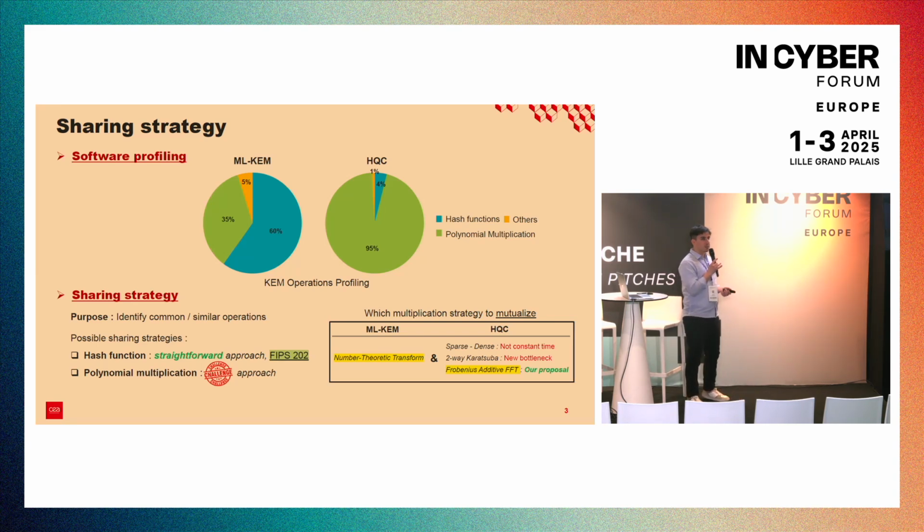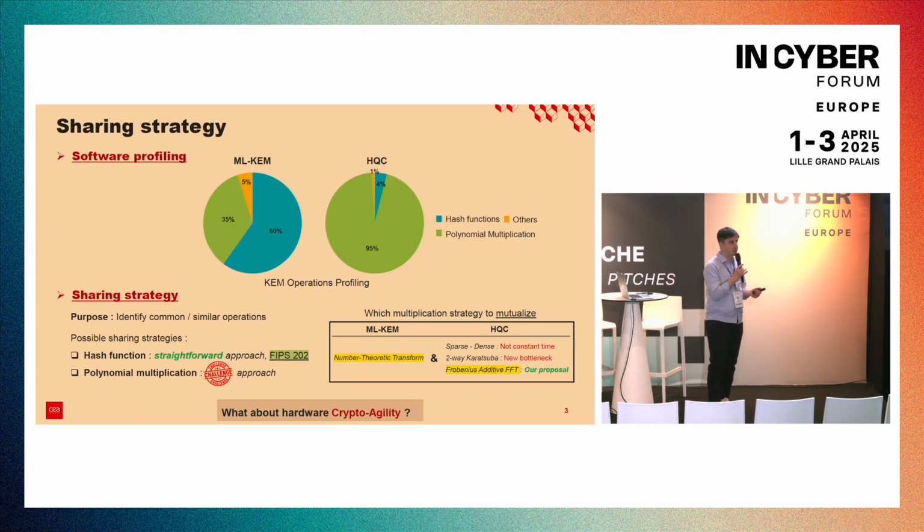The introduction of this operation will increase, first of all, the performance of the current bottleneck associated with the two-way Karatsuba operation, and it also allows us to mutualize well with the current number theoretic transform operation, which is used to perform the multiplication in ML-KEM.